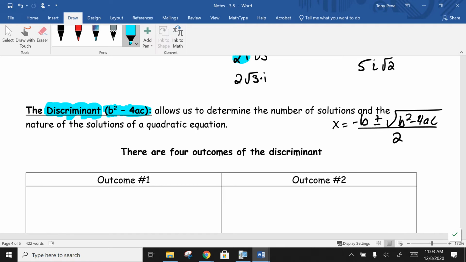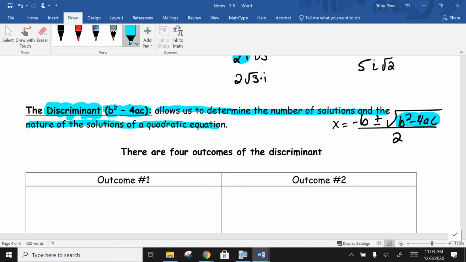The discriminant is simply the number underneath your radical. That's all we are referring to when we talk about the discriminant, is what kind of number do we get underneath there. And the reason that is important, it's going to allow us to determine the number of solutions and the type of solutions to our equation.